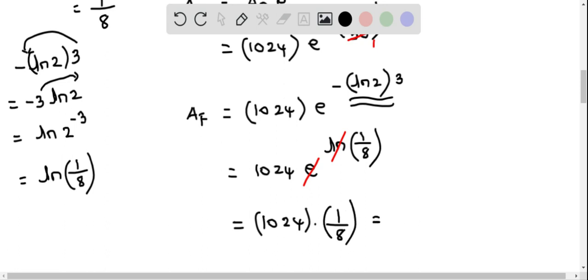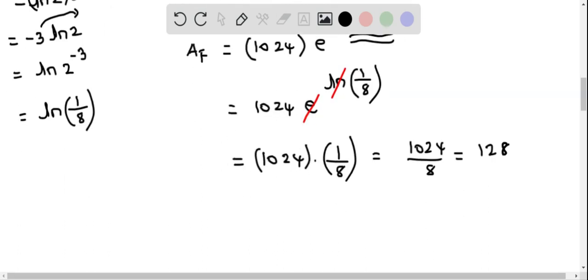And this equals 1024 divided by 8, which equals 128. So we found that the amount of substance present after 150 years equals 128 milligrams.